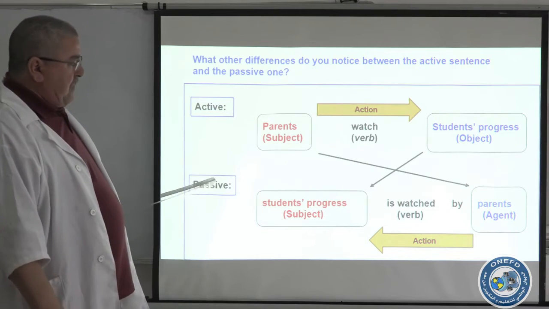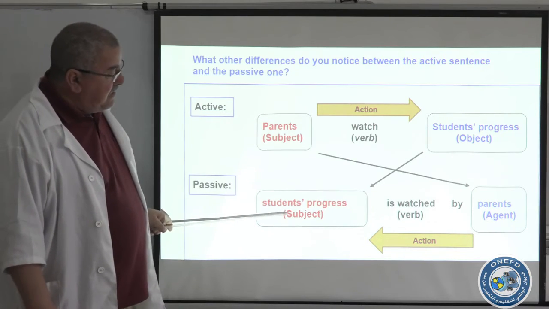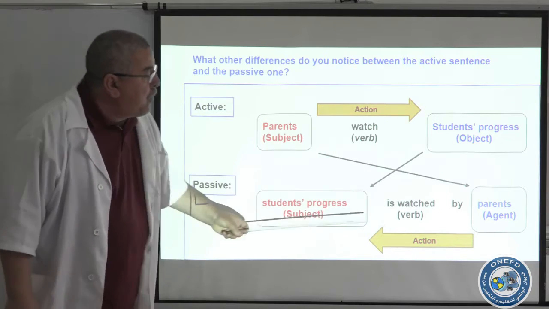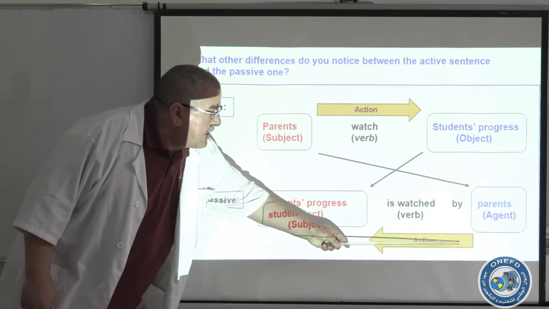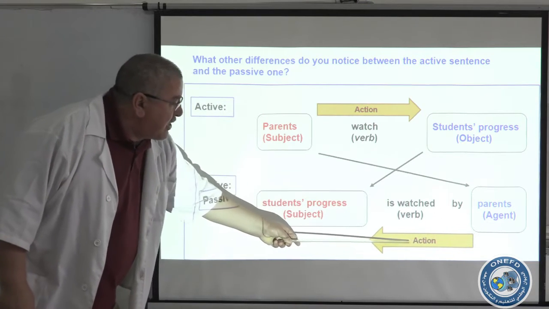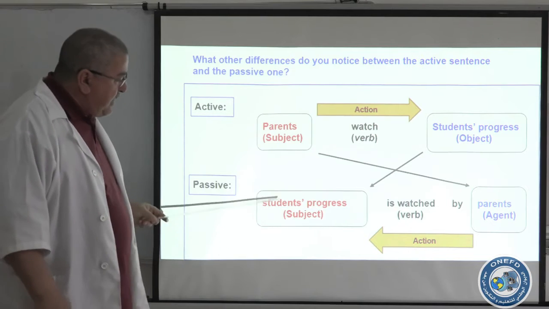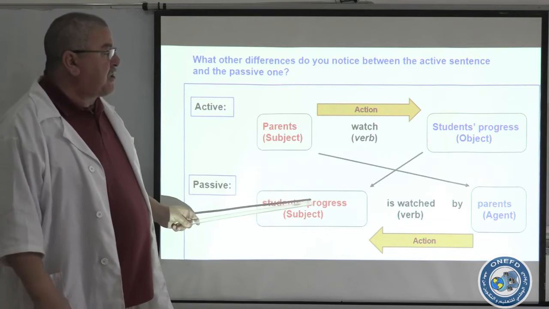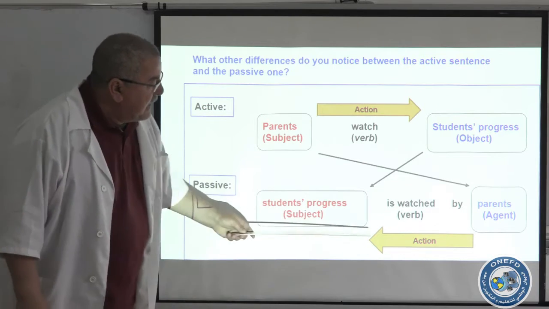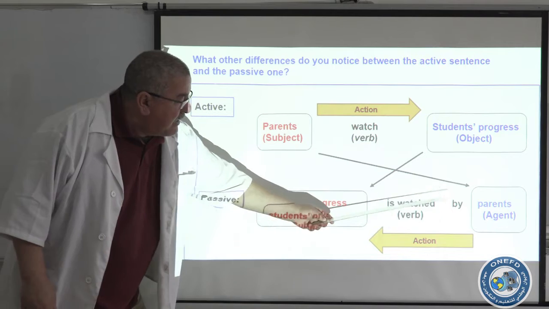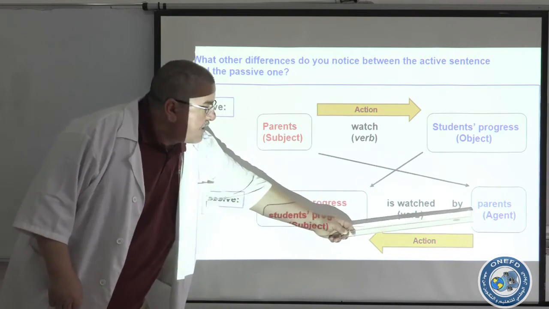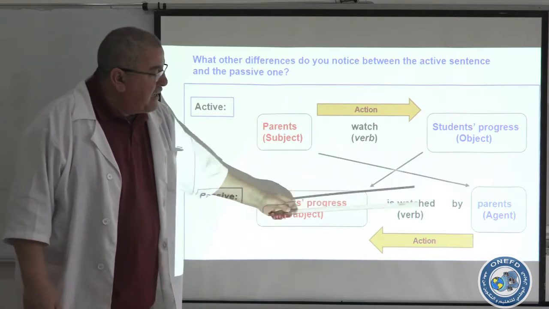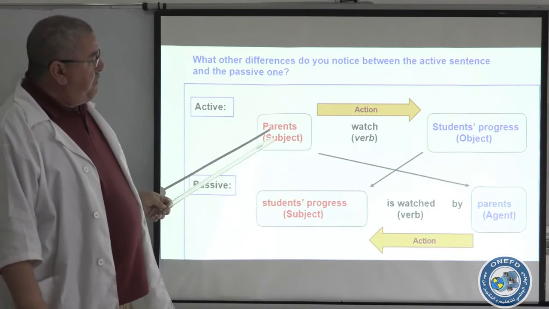Now, in the passive, we have "Students' progress is watched by parents," which is the agent from which the action comes to happen to the subject here. The subject, again, we said, does nothing here, because it is passive. The action is done by the agent. Students' progress is watched by parents.